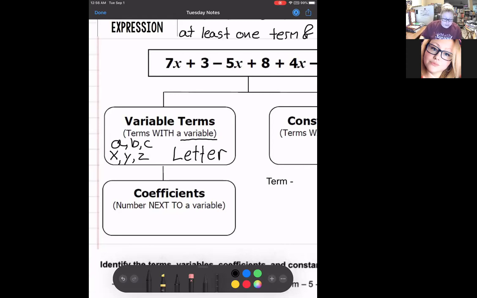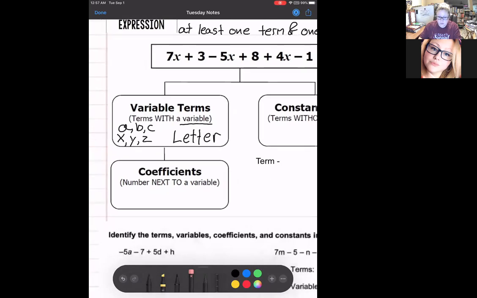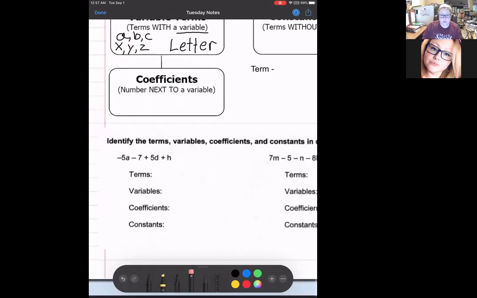A coefficient is a number next to a variable. Again, pause if you need to. A coefficient is a number next to a variable. So 7x, the coefficient would be 7.